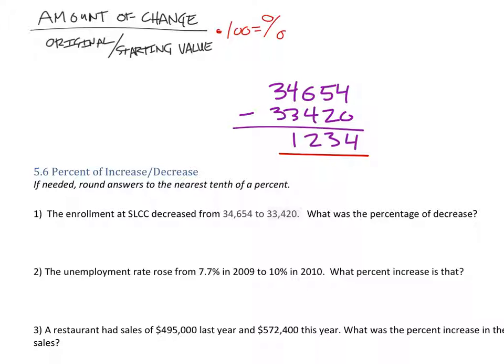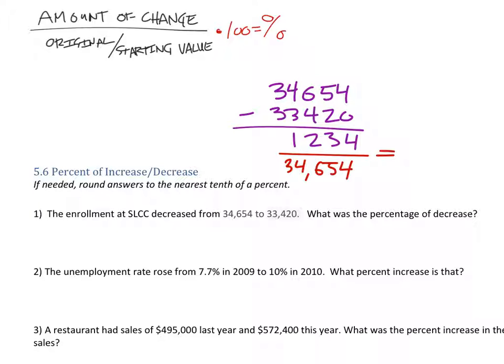So it started with 34,654, and then it went to the 33,420. So that's what we started with, was the 34,654. And I'm just going to divide these two and then multiply that by 100.